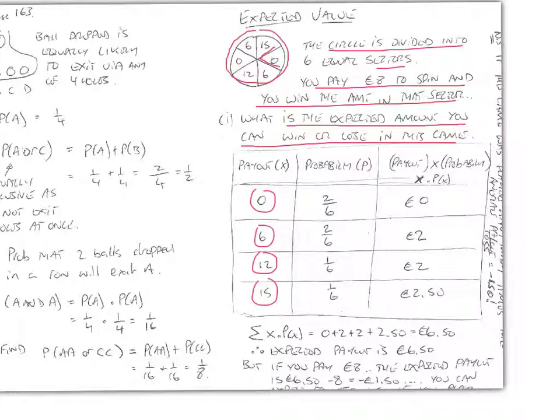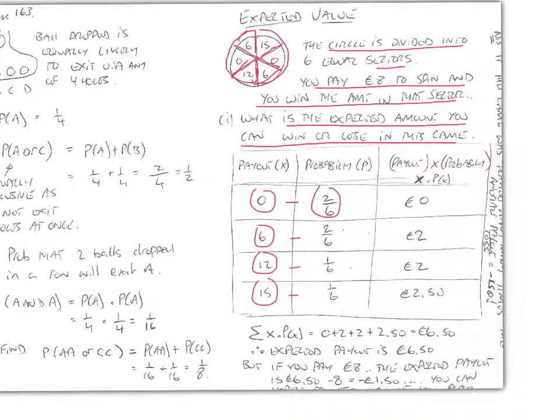We find each of their probabilities of happening. If you spun this, the chance of getting a 0 is 2 in 6, and the chance of getting the 6 is 2 in 6 as well. A 12 is only one of those, so it's 1 in 6. The probability of getting a 15 is 1 in 6.